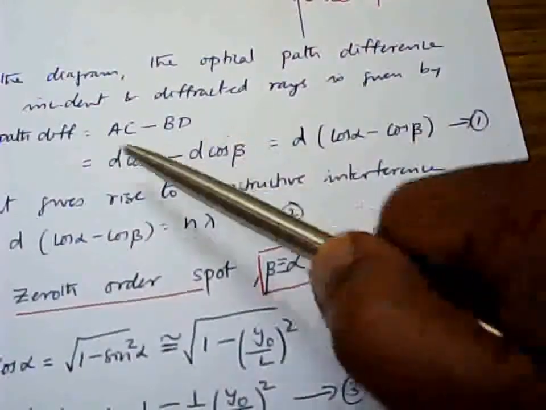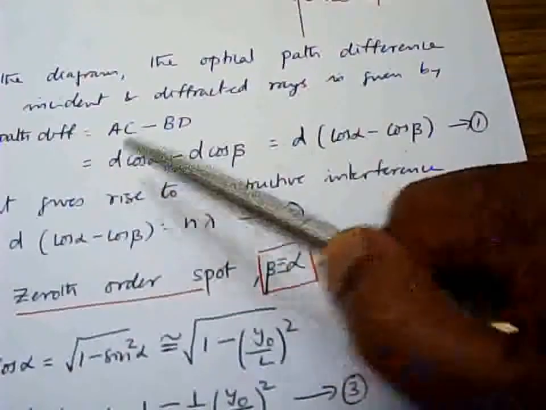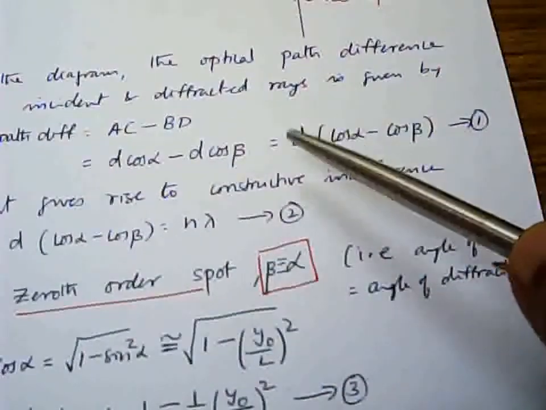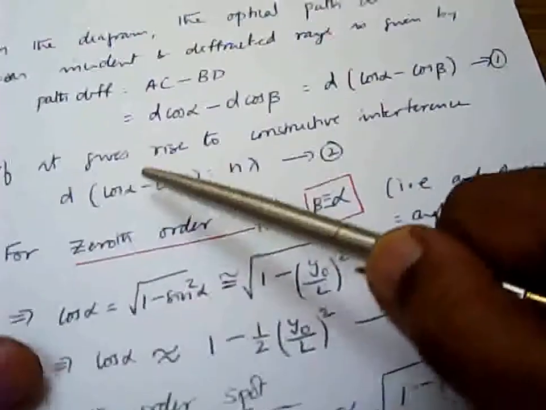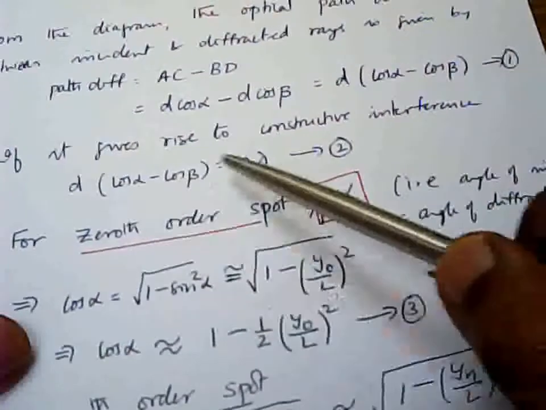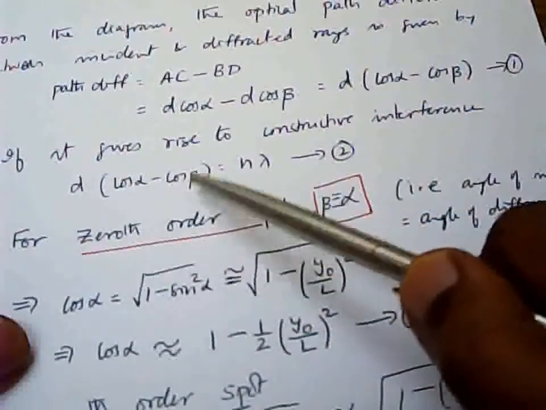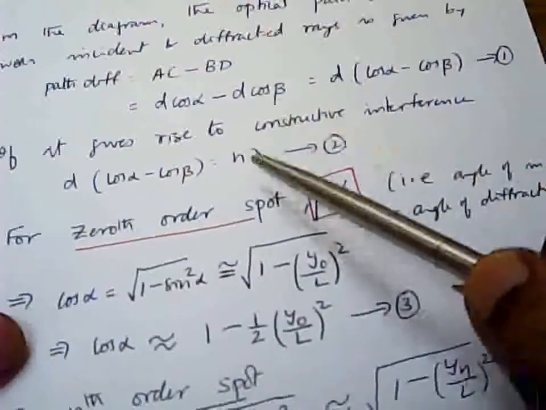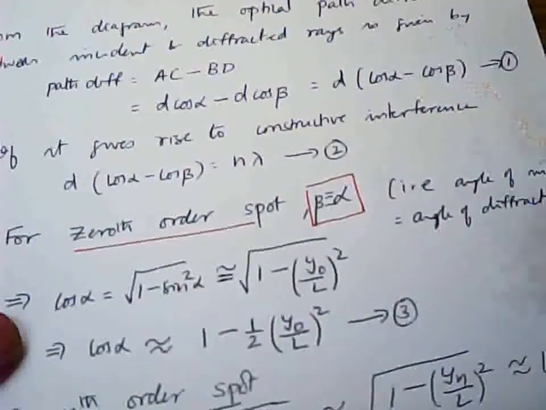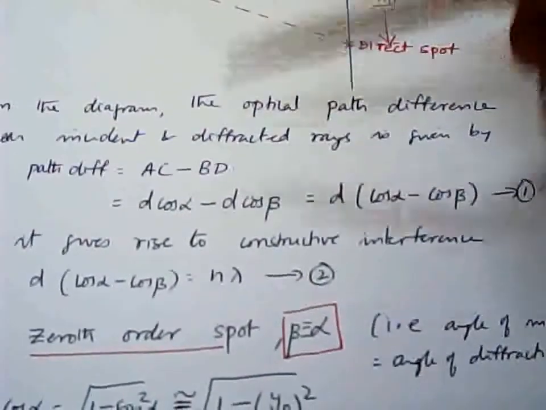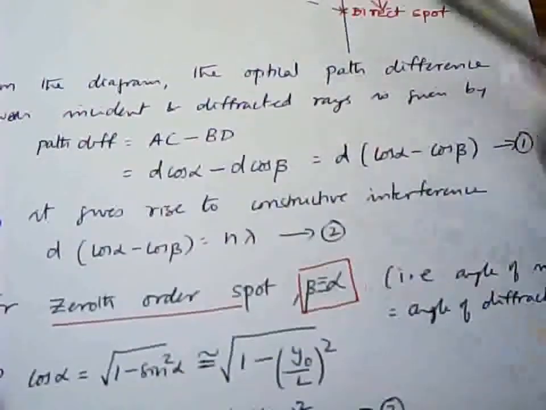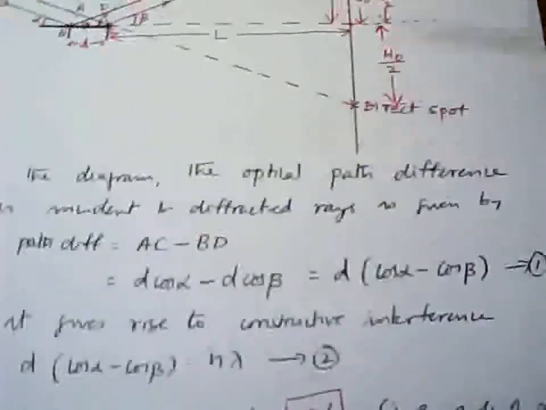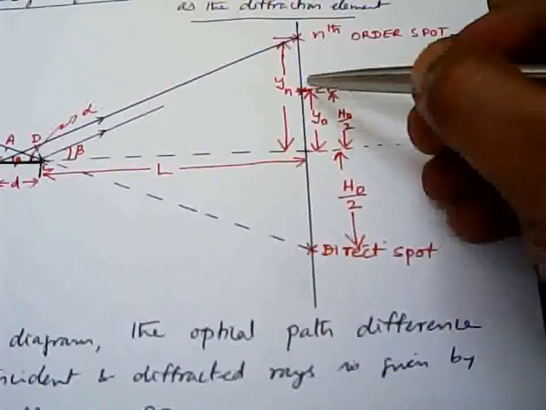Okay. Now, if this path difference gives rise to a constructive interference, then you should have it satisfying this relation: d (cos alpha minus cos beta) is equal to n lambda, which is basically the condition. Now, if you have zeroth order spot, let's in the diagram assume that the zeroth order spot is happening here.